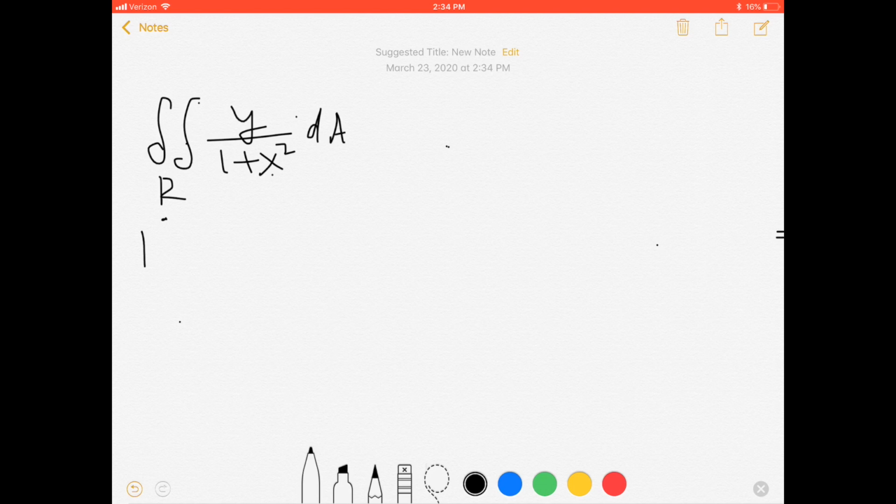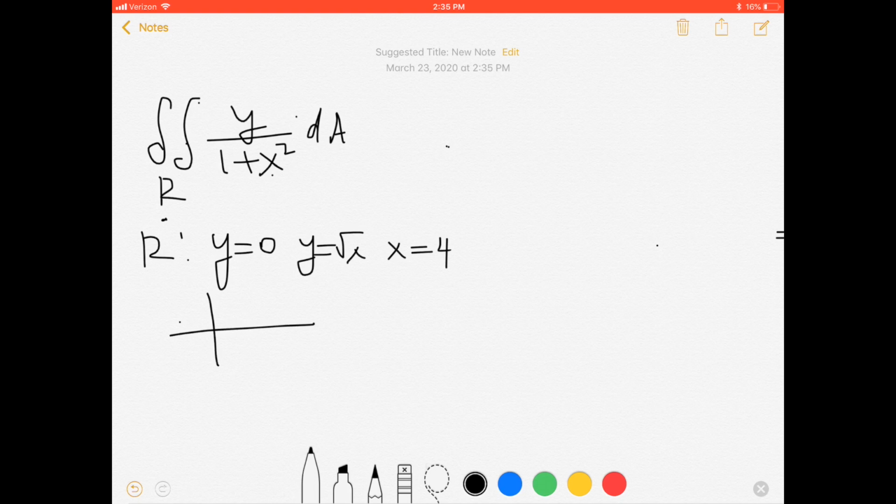Where is R? Some region bounded by y equals 0, y equals square root of x, and x equals 4. Let me make the graphs: here it will be square root of x, this is 4, something like this. This is our R.